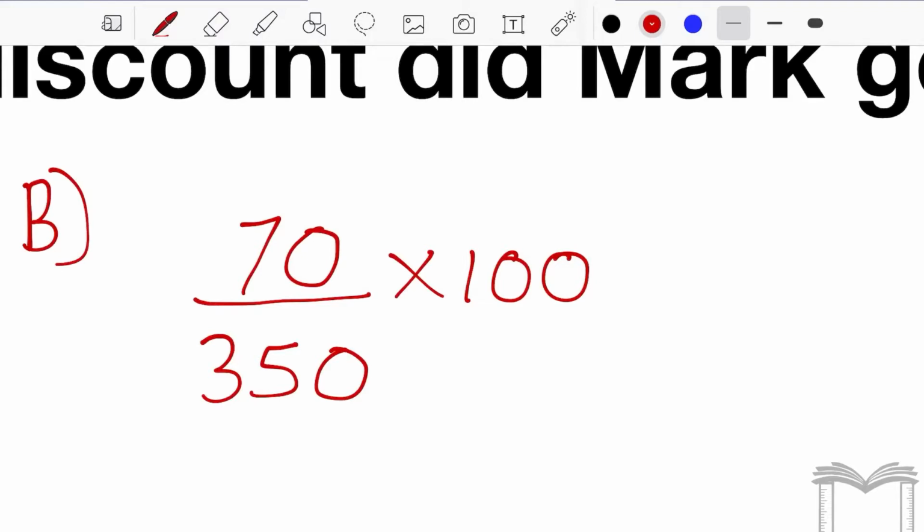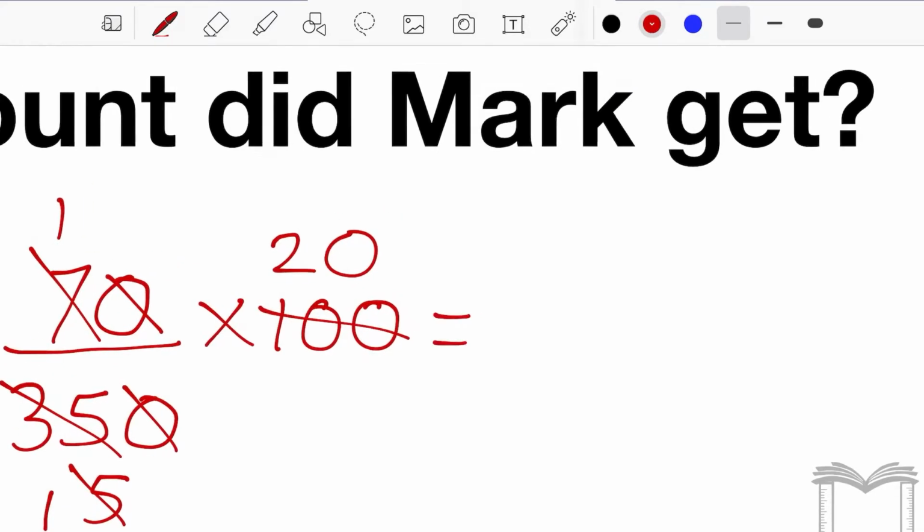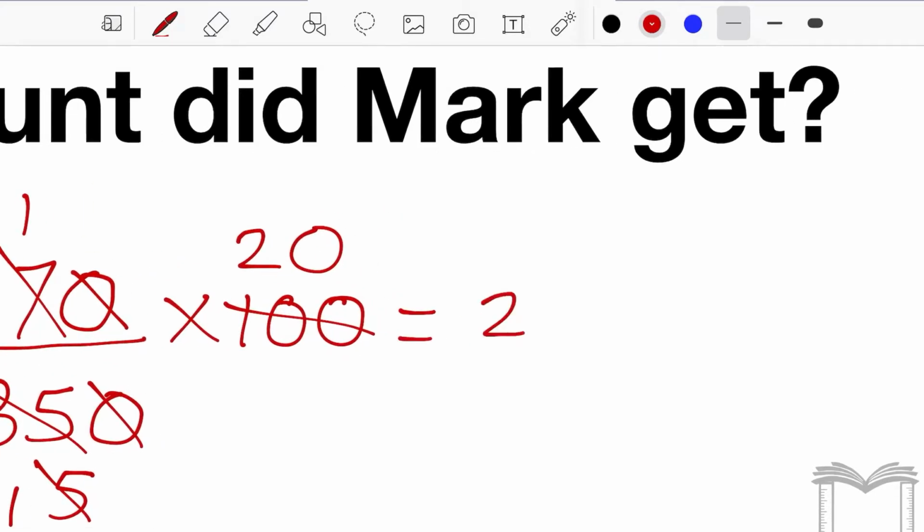So in this case, it's the discount over the total price or the original price. So here we can cancel 1 and 0 on top with 1 and 0 below. 7 into 7 is 1. 7 into 35 is 5. 5 into 5 is 1. 5 into 100 is 20. 1 times 20 is 20. So that's 20%.